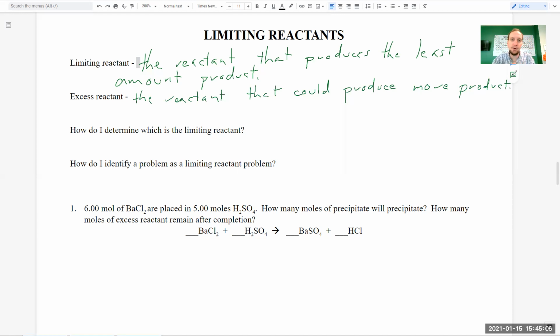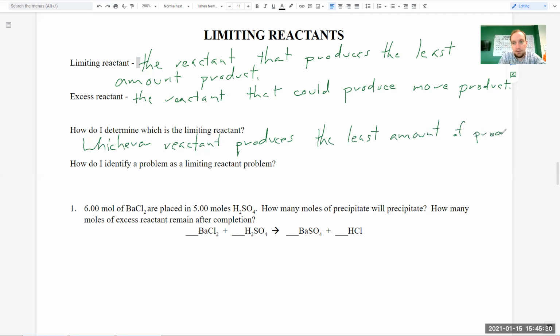Whichever reactant produces the least amount of product will be the limiting reactant. The one that would produce more, in theory, would be considered our excess because it could make more if it had enough of the other reactant.